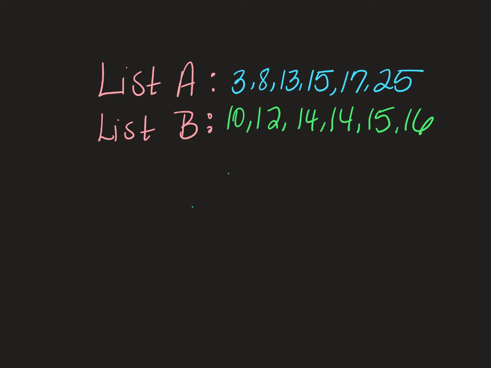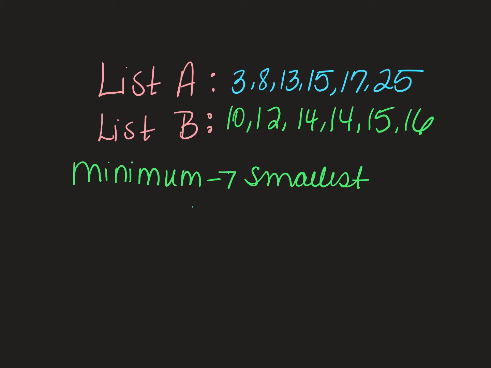Now, how do we find the minimum? It's the smallest data value in the list, okay? So the minimum is what? Could you simply say it's the smallest number in the list? Okay, so it's the smallest number from the list.